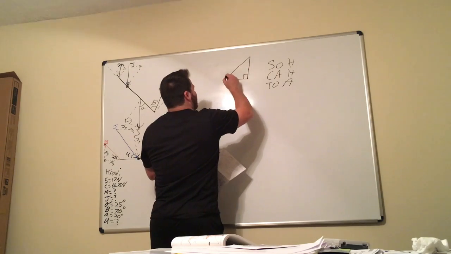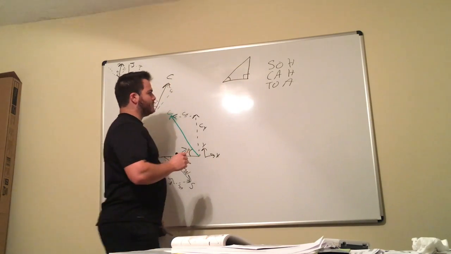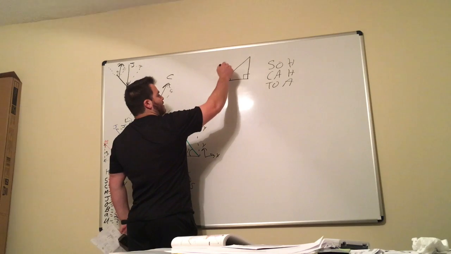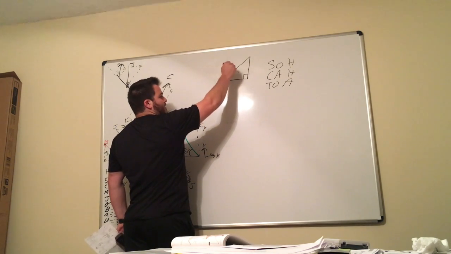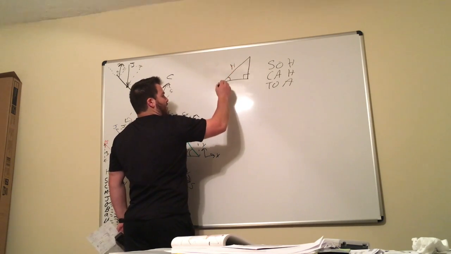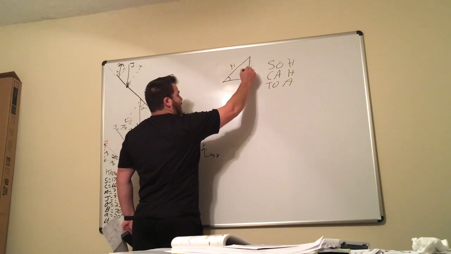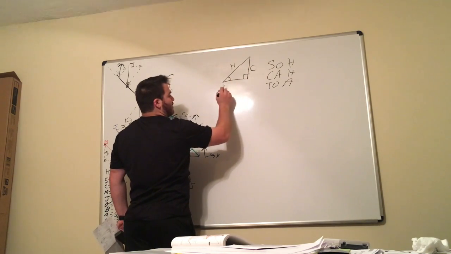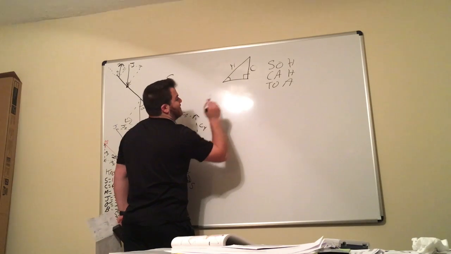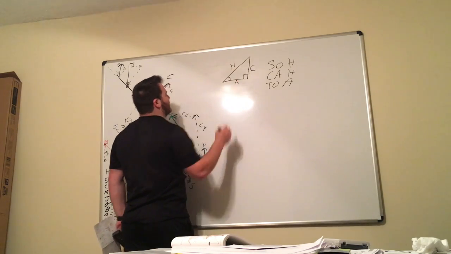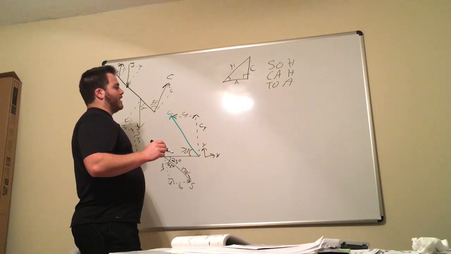Alright, so there's our right triangle, there's our angle. Across from the 90-degree angle, that's our hypotenuse. Across from the regular angle, that's our opposite side, and then going with it, adjacent with it, is our adjacent side.